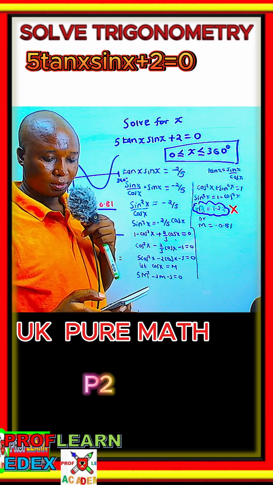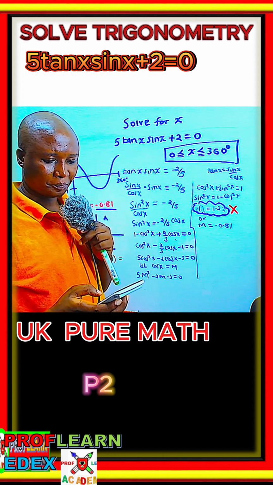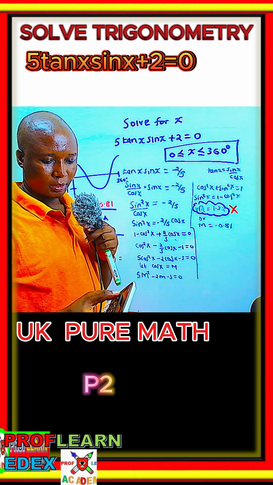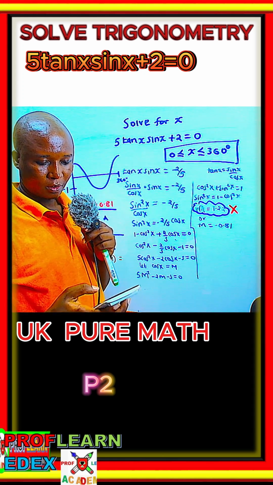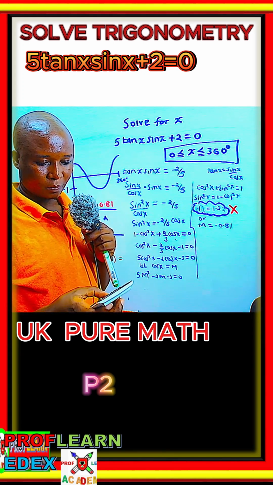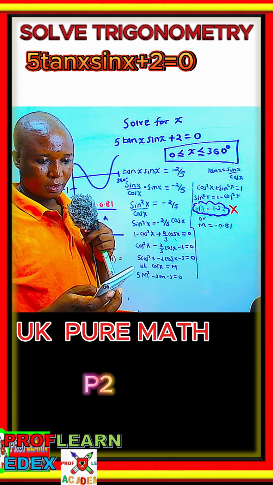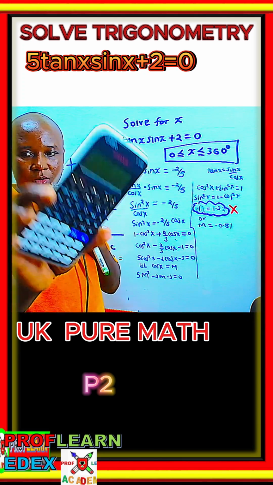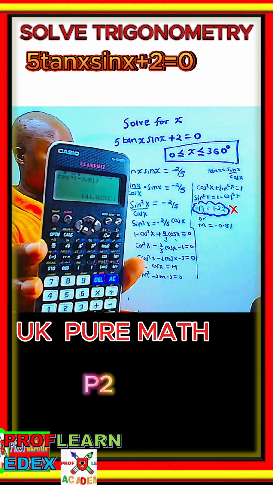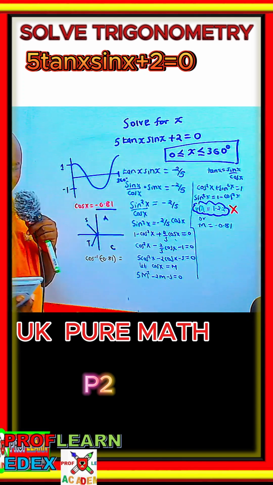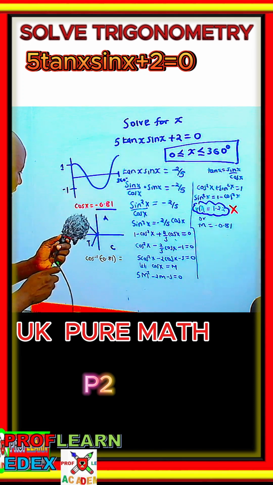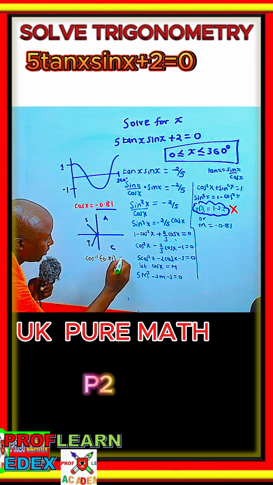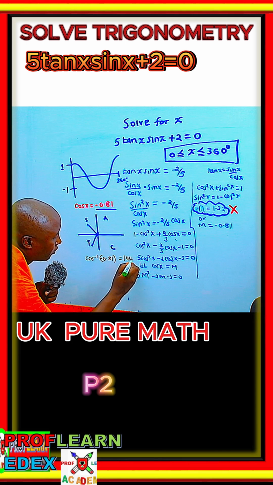We press shift cosine of negative 0.81, and you are going to get 144 degrees.